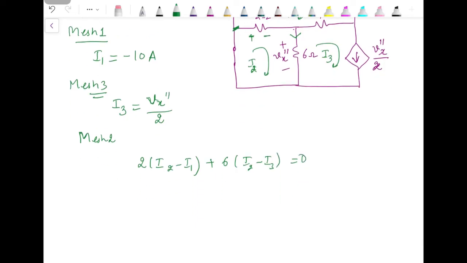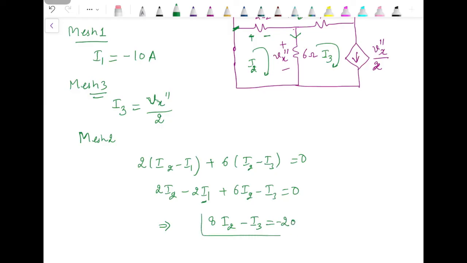So this will give us the equation 2I2 minus 2I1 plus 6(I2 minus I3) equal to 0. We can use the value of I1 over here as minus 10. Simplify this equation, 8I2 minus 6I3 equal to minus 20. So we can say this is our first equation.